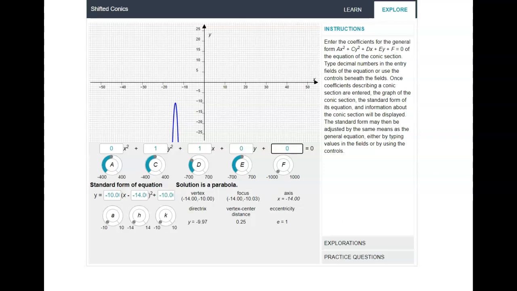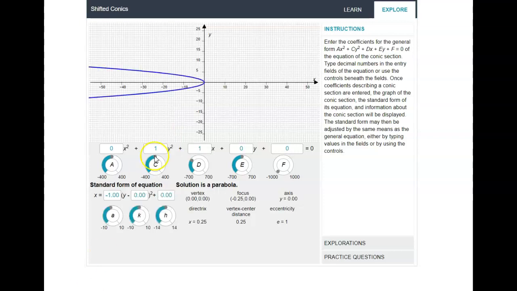So let's see if we could graph that. So that will be with the coefficient of 1 for y squared and a coefficient of 1 for x. The rest are zeros. And let's say that I wanted to change so that the parabola is opening to the right instead.